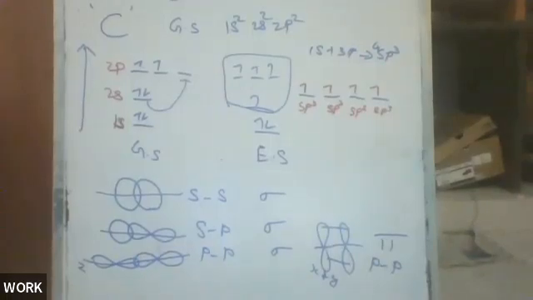Now we'll see that. What is the difference between atomic orbital and hybrid orbital? What is the main difference between your atomic orbital and hybrid orbital?